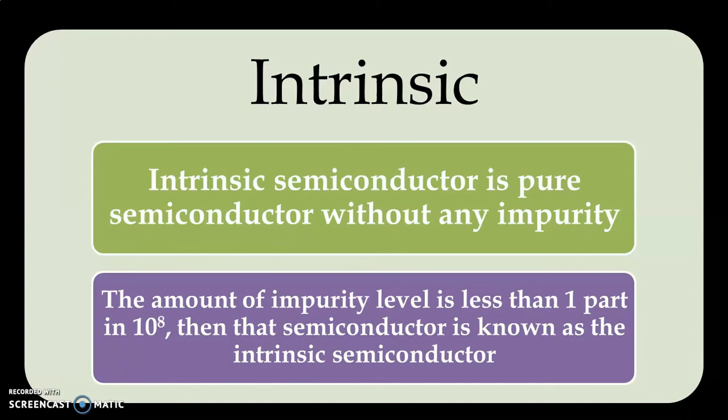Then that semiconductor is known as the intrinsic semiconductor. Meaning this impurity is very less, negligibly small, and it is considered as a pure semiconductor. Then that type of semiconductor is known as an intrinsic semiconductor material.